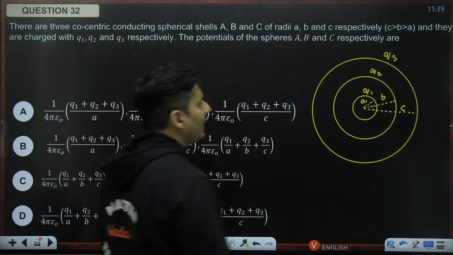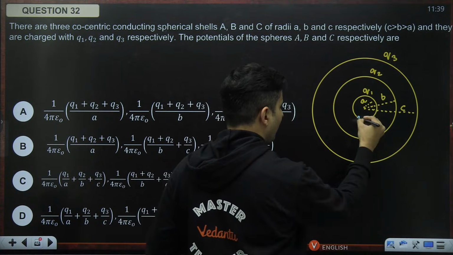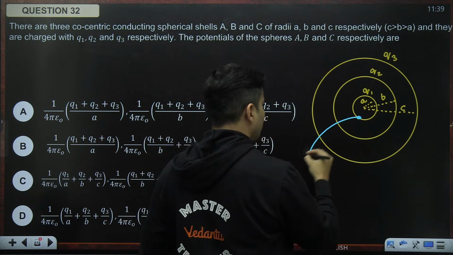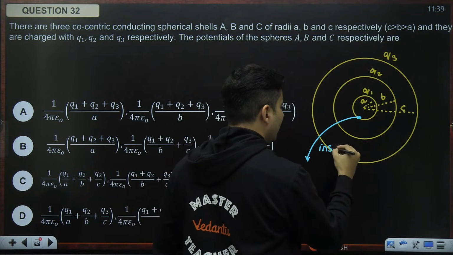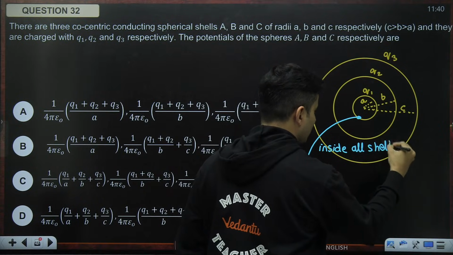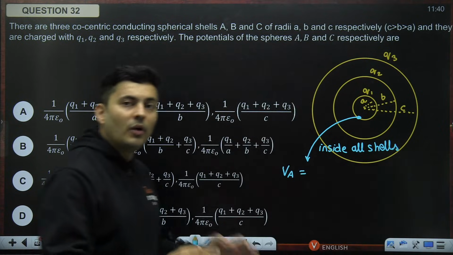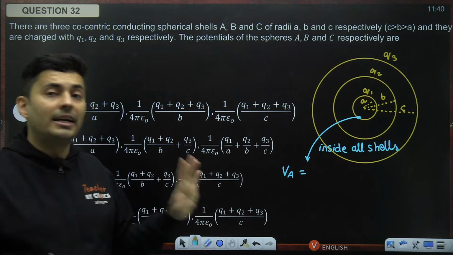Potential of sphere A. When you are talking about potential of sphere A, then you are inside all the spheres, inside all the shells. Whenever you are inside a shell, the potential is kq by the radius of the shell.